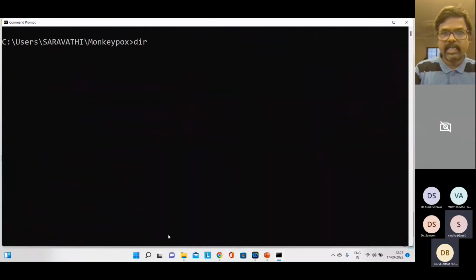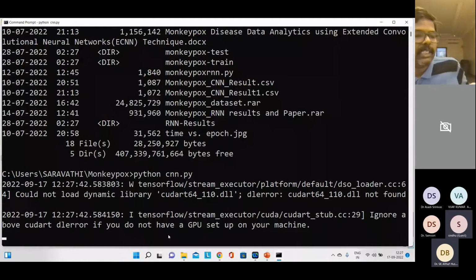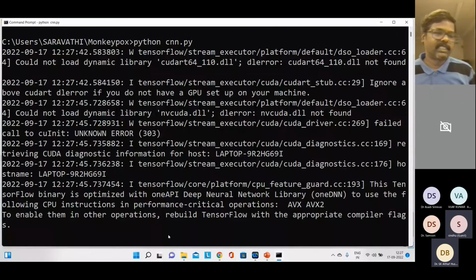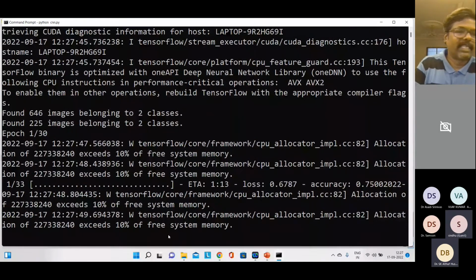So now check here, data CNN, python CNN.py. Just I am showing sample. It is executing now. It is going to classify two classes. It takes time because 30 epochs I have kept.